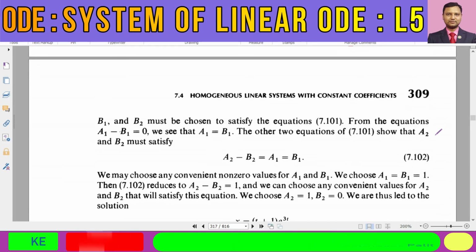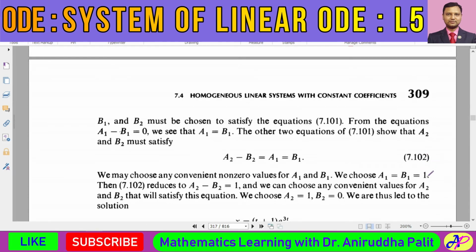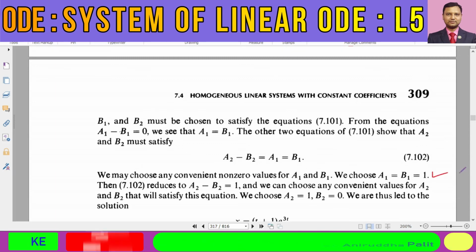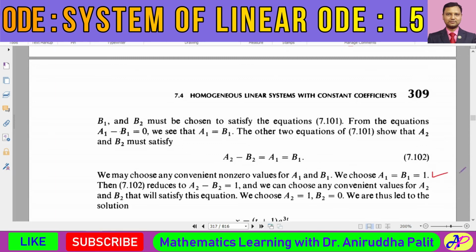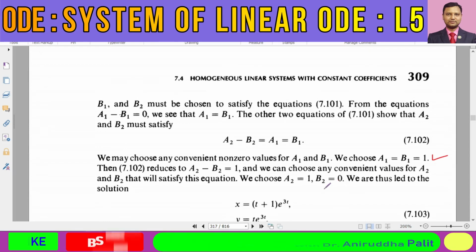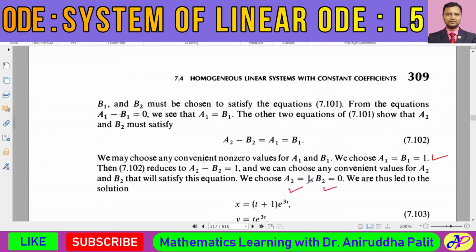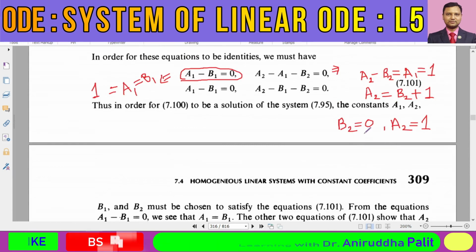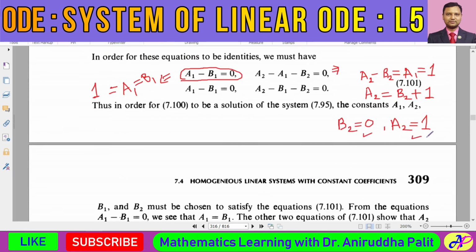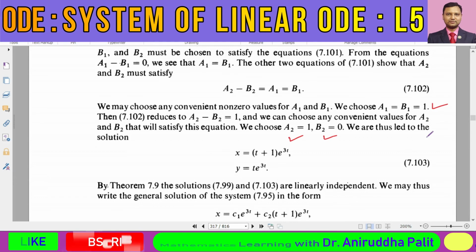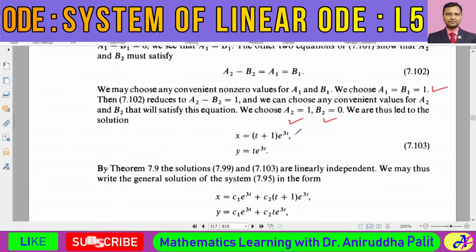Over here, you see, they have chosen A1 equal to B1 equal to 1, and B2 equal to 0 and A2 equal to 1, as I discussed. B2 equal to 0 and A2 equal to 1, the most simple case. So what was x? x was equal to A1 t plus A2 into e to the power of 3t.